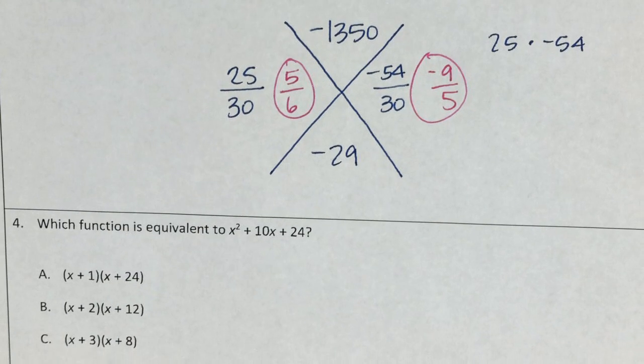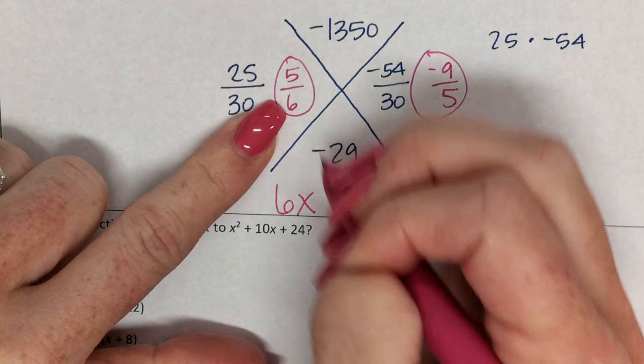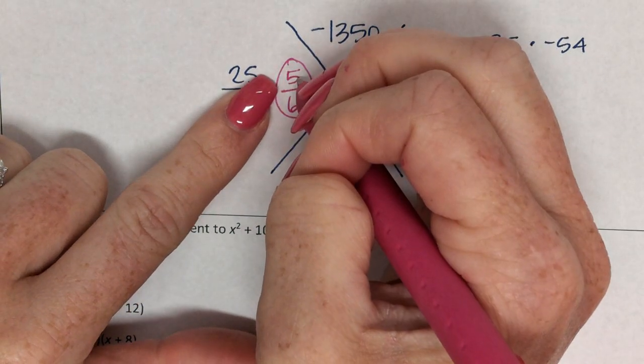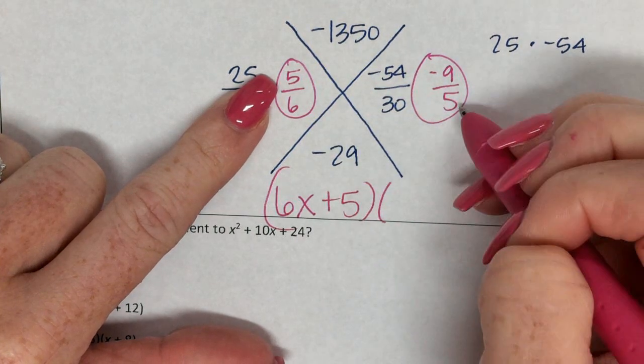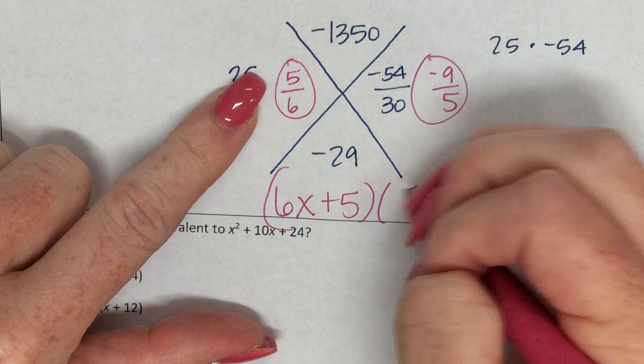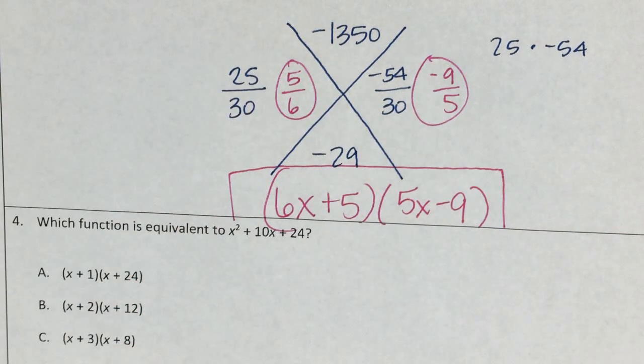Bottoms up, meaning the bottom number goes first. Yes? So how would I write this? 6x plus 5. And then how would I write this? 5x minus 9. So the bottom number goes with the x. The bottom number goes first with the x.